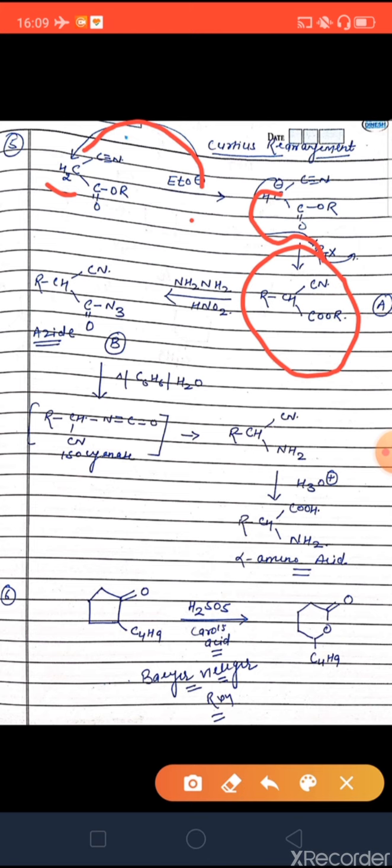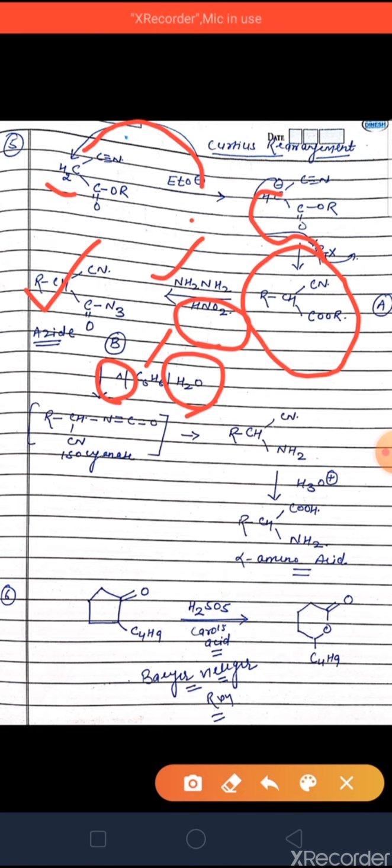This A, on reaction with hydrazine followed by reaction with nitrous acid, will form acyl azide, and this is the substrate for your Curtius rearrangement reaction, and this particular substrate will undergo thermal decomposition in the presence of benzene and H2O. So this substrate will get converted into isocyanate, and after this, as the reaction is happening in the presence of water, it will get converted into amine.